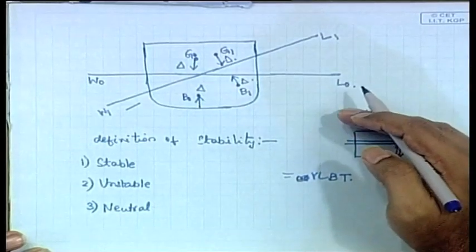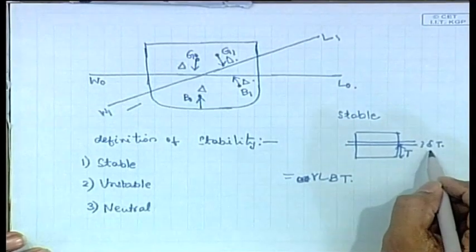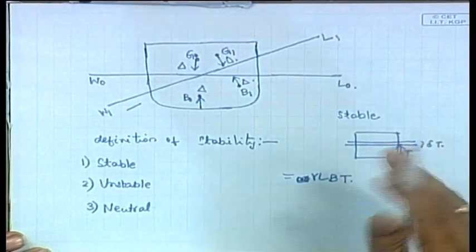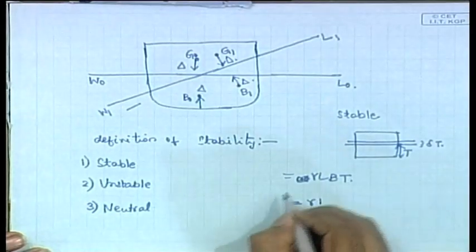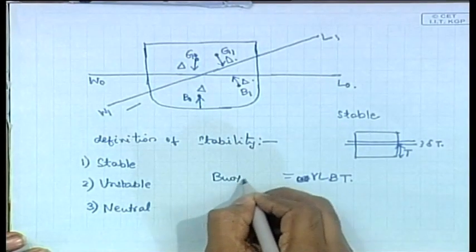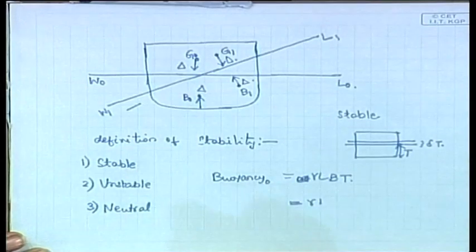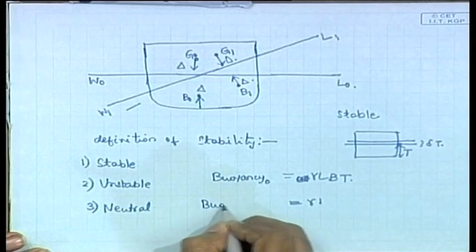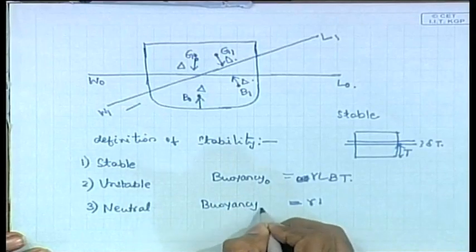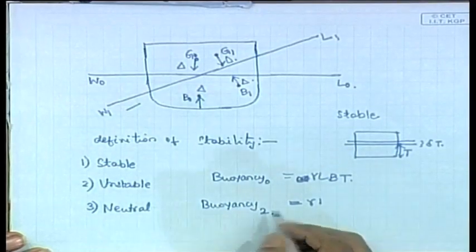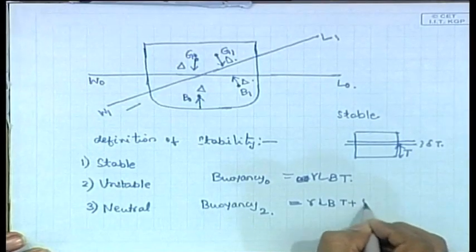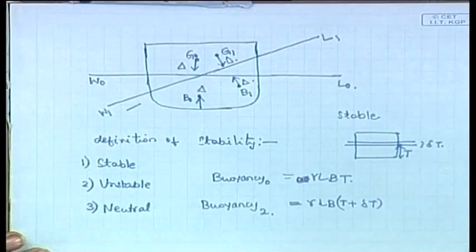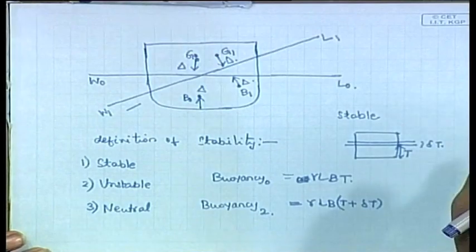Now, when I pushed it down a little like this, an additional amount delta T has come into the water, and there is an additional force. This is the initial buoyancy force. Now, at a later time after I push it, the buoyancy force is given by gamma LB into T plus delta T. So, obviously what happens, there is an additional force, I just pushed it down and I have left it.